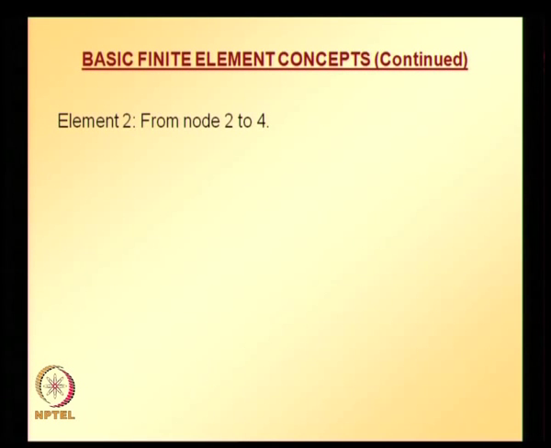For element 2, local node 1 is global node 2, local node 2 is global node 4, and it is assumed to be going from node 2 to node 4.